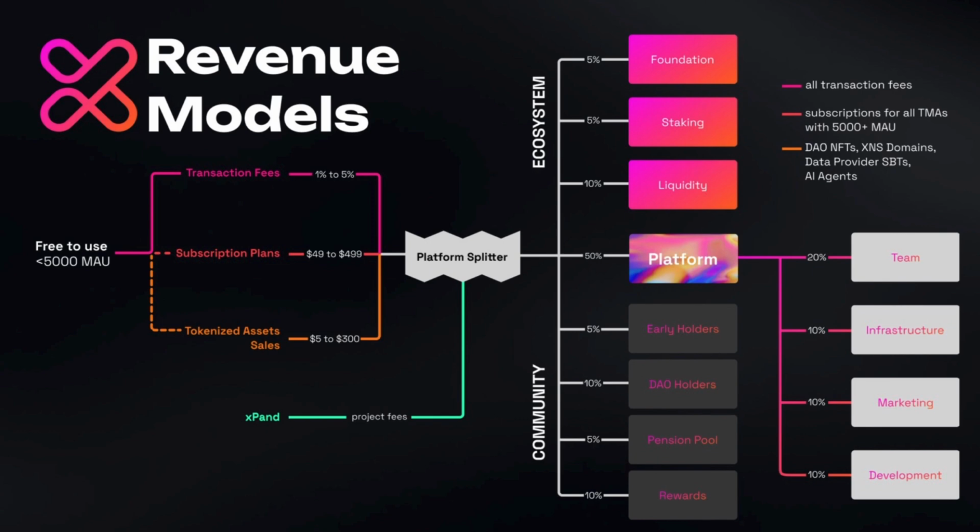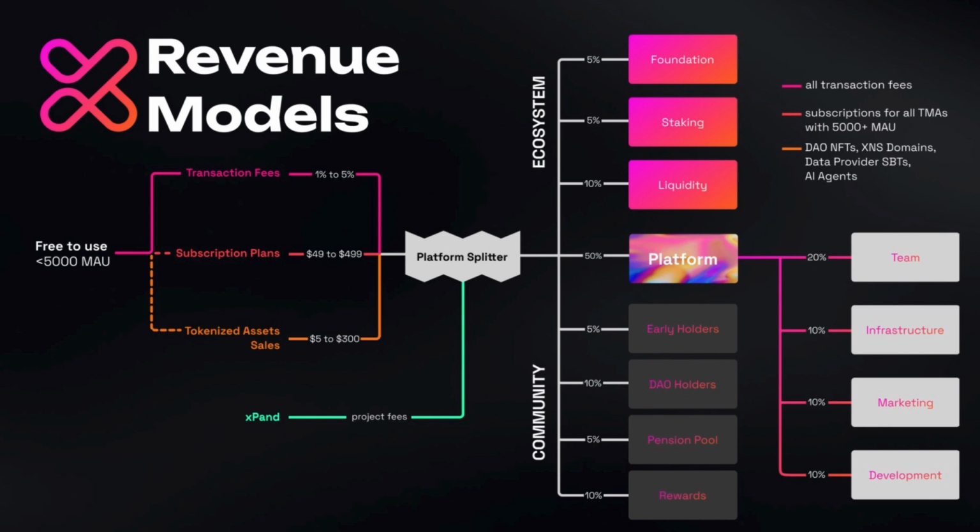And this creates a self-reinforcing cycle where the token plays a crucial, pivotal role, and all the stakeholders benefit from actions taken within our ecosystem. So let's break down the revenue streams as shown here.